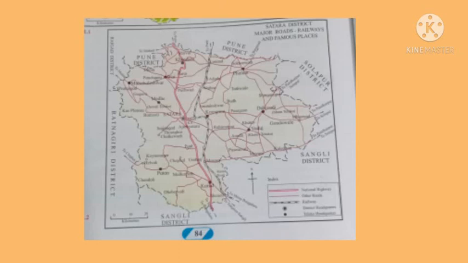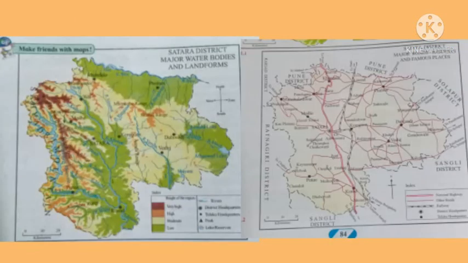So from this we can understand there is a correlation between transport routes and the physiography of a region. By studying the physiography of a region, we understand its accessibility and remoteness. Transport facilities can develop well in plains while areas with higher relief have limits on the development of transport routes.